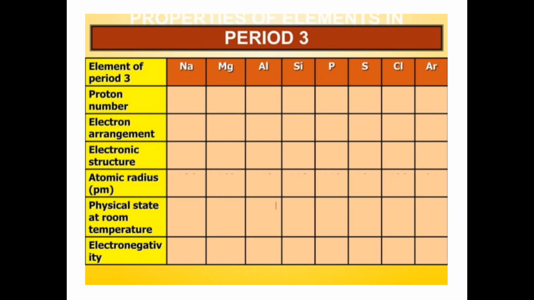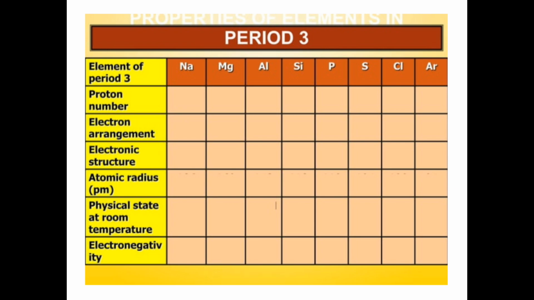Now, in today's lesson, we are going to be looking at the properties of elements in period 3. These are key properties we are going to be looking at. But in addition to what is here, we also look at their first ionization energy, their melting and boiling points, and then we also look at some critical chemical properties like the nature of their oxides specifically.